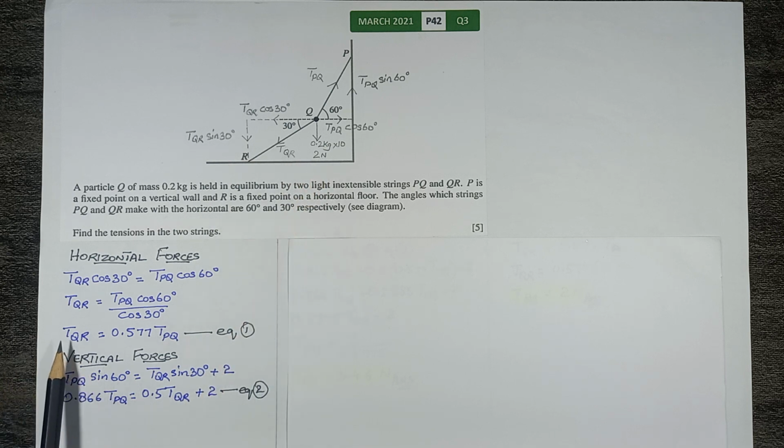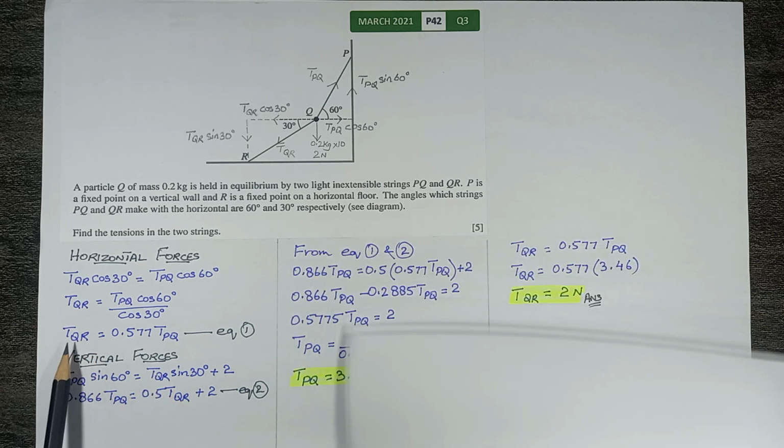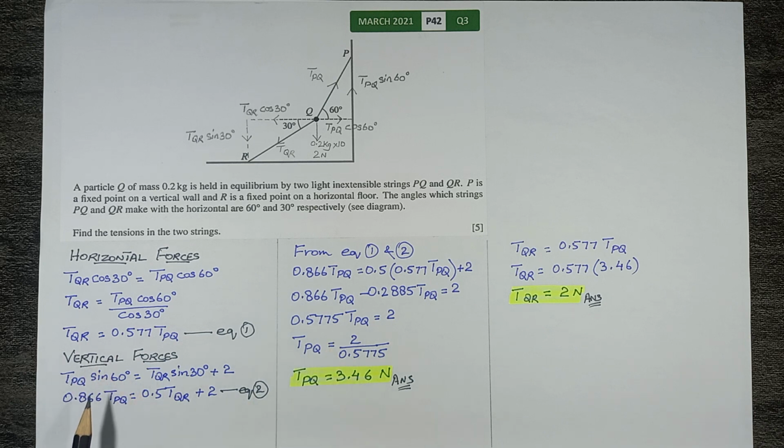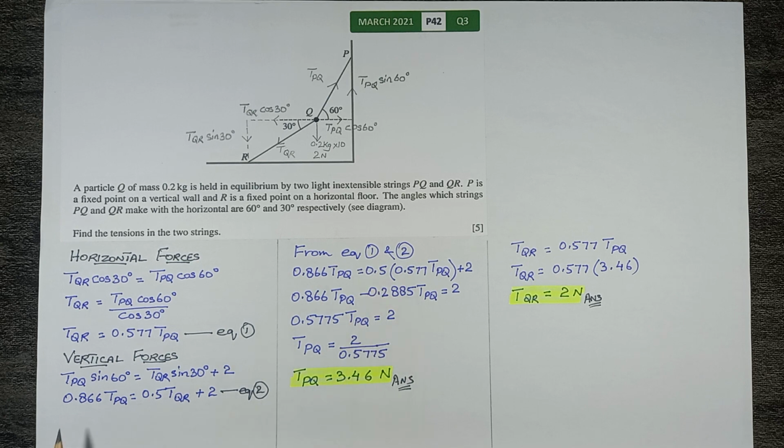Now get the values: sin 60 is 0.866 TPQ, and sin 30 is 0.5 TQR plus 2, which is equation 2. Place the value of TQR, 0.577 TPQ, multiplied by 0.5, with 0.866 TPQ equal and plus 2. Now the complete equation is in terms of TPQ.